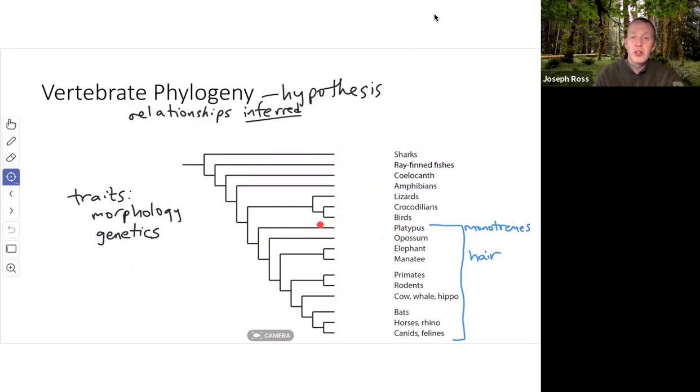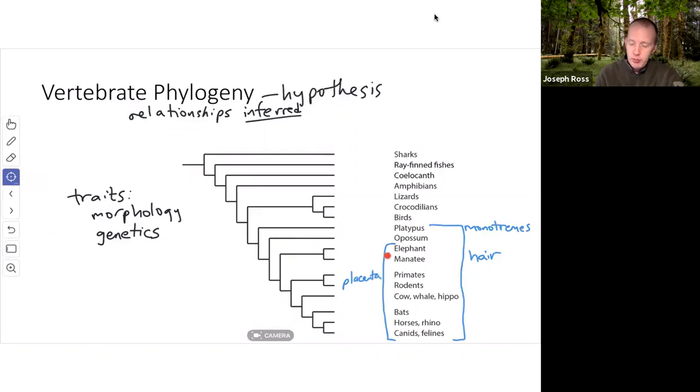It's the closest relative that's not a placental mammal to all of the placental mammals, elephant through the cats and dogs. So again, these are just examples of the sorts of traits that traditionally phylogeneticists have used to group organisms into who is more similar or more related to who.